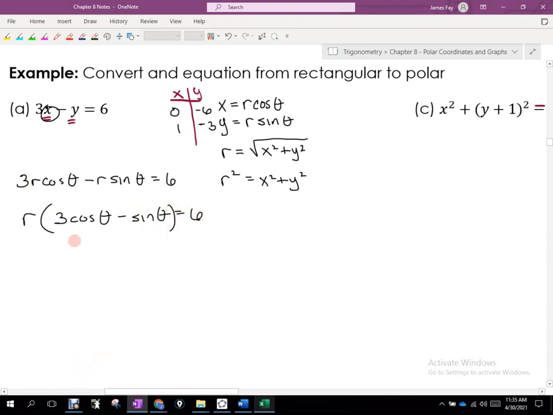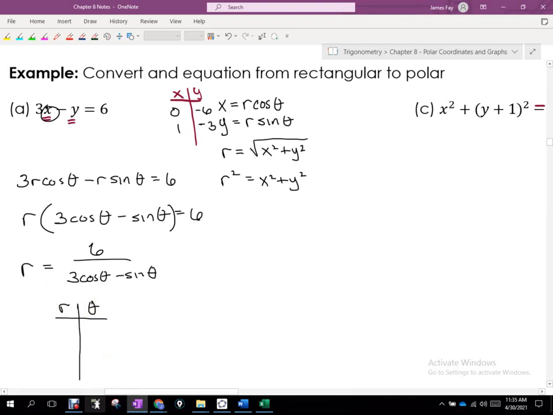Can I solve that for r? So through division, I can find that r is equal to 6 divided by 3 cosine theta minus sine theta. Okay, now when I make a table to graph this, I'm going to say r comma theta, but it's a little bit different in how we evaluate, okay?